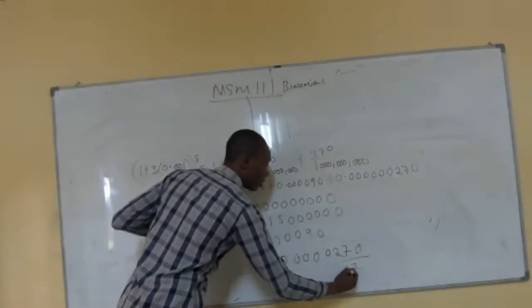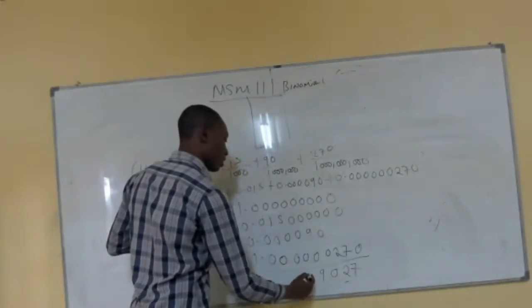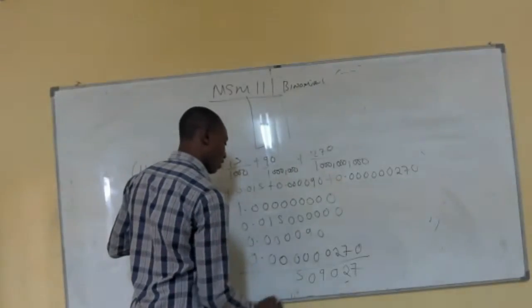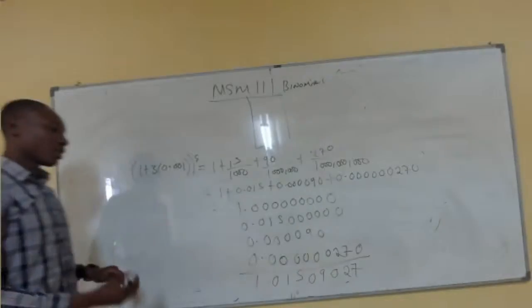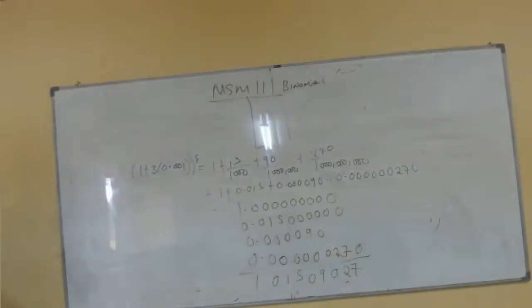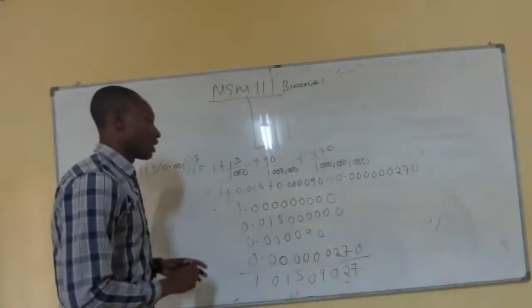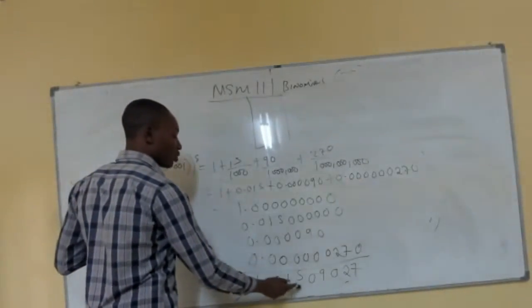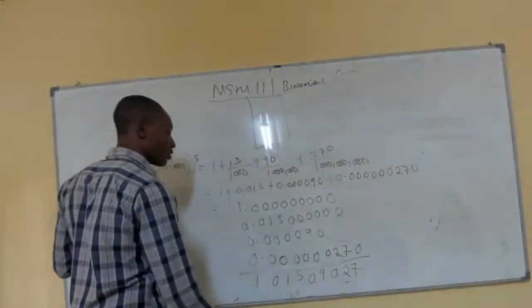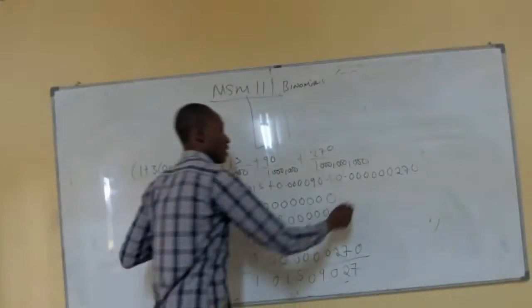So we have 1.01509027, that is what you have. If you look, we were asked to find 5 significant figures, so your answer will end at 1509. Okay, so 1509, that's your answer.